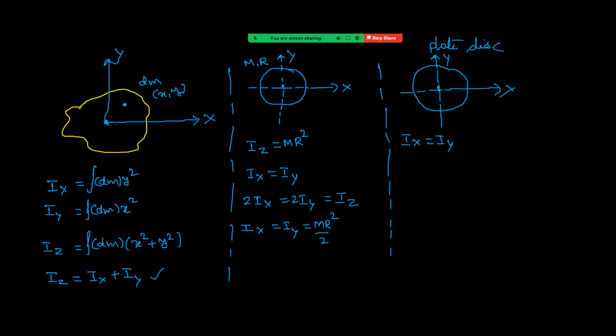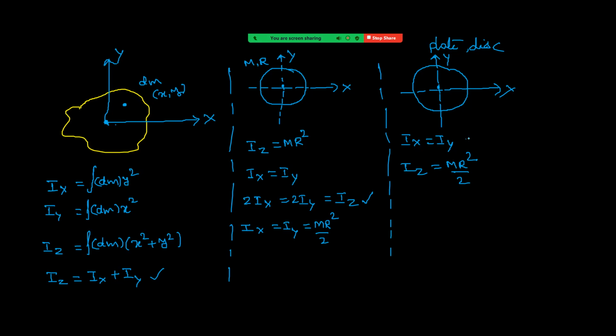And we have discussed that about z axis, that means passing through center and normal to plane of the disk, that is z axis, that is equal to mr square by 2. This is what we have discussed just now, right? So from this what we can get, again same logic, 2Ix equal to 2Iy, that is equal to Iz.